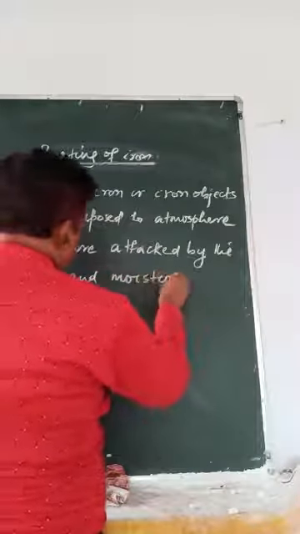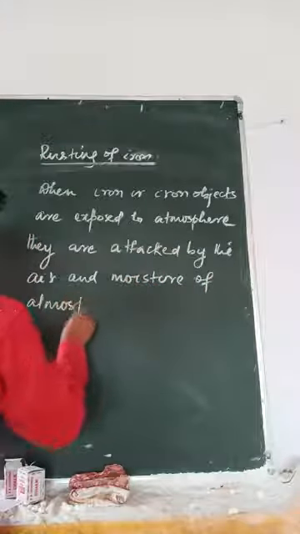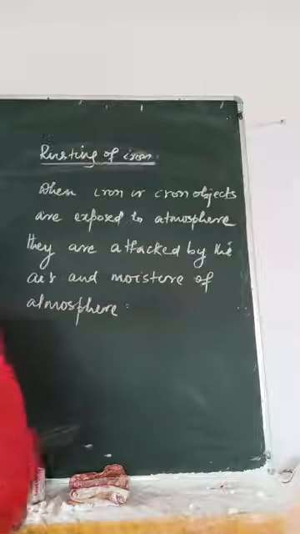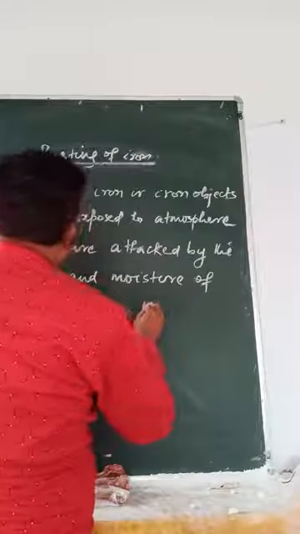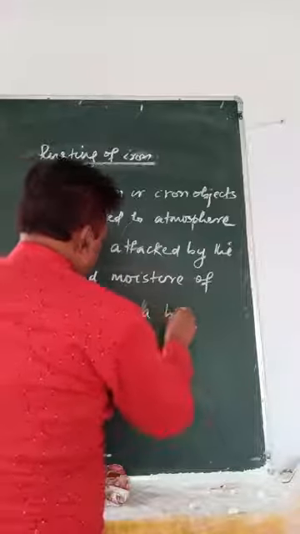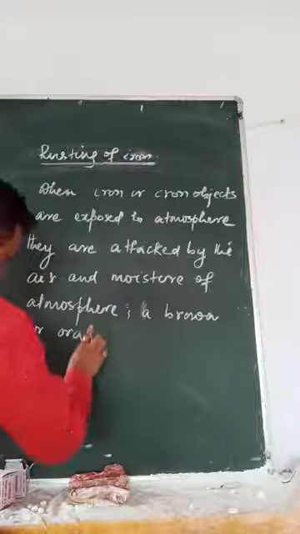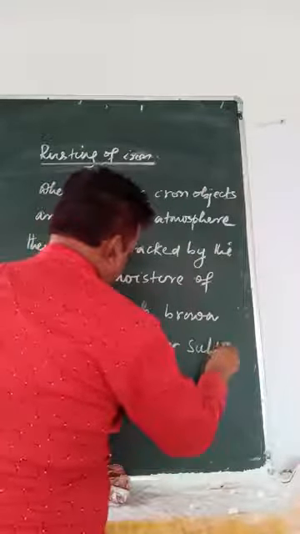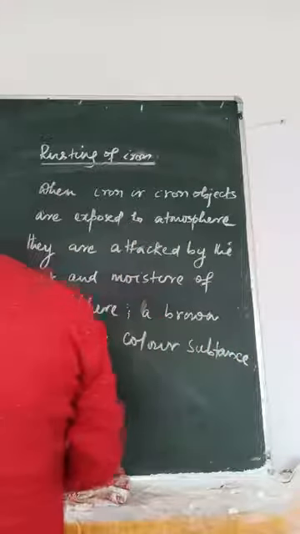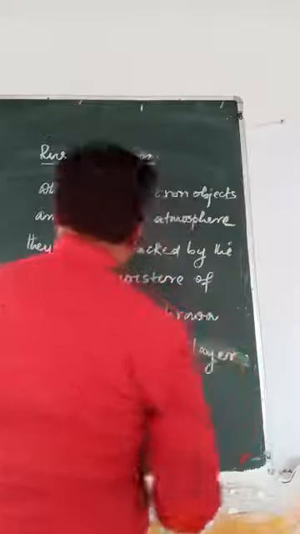Moisture of the atmosphere. And a brown or orange colored substance, a colored layer above the iron, is formed.